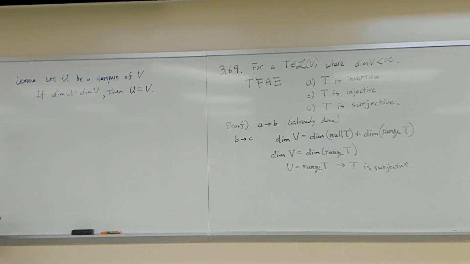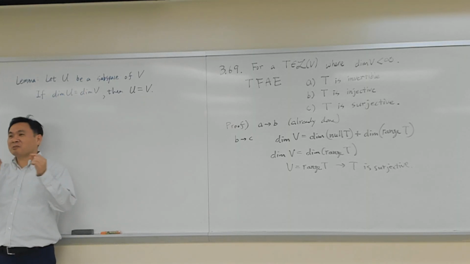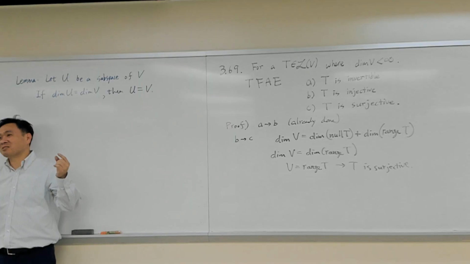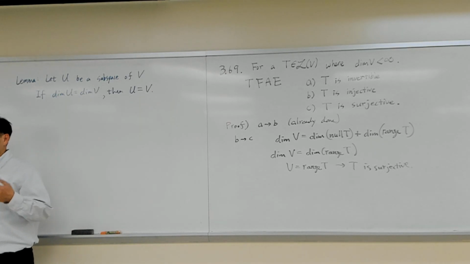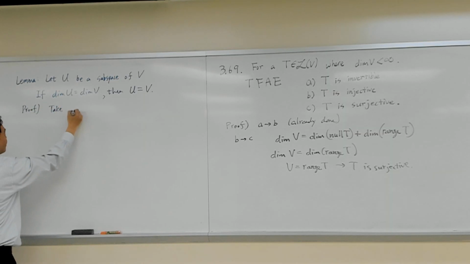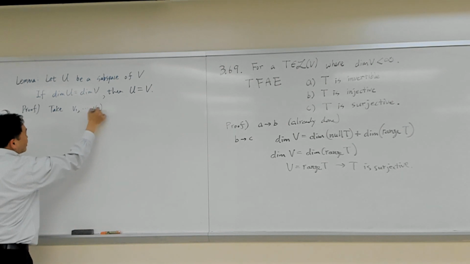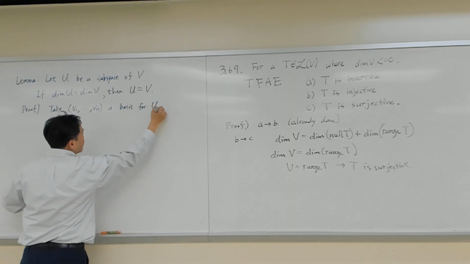All right. We did this before. It's like we show that a linearly independent list of the right length is a basis, and a spanning list of the right length is a basis. We showed that using that length argument before. So it's definitely done before, but let me just sketch the proof. The way it's proved is like, take v1 through vn, a basis for U, right?